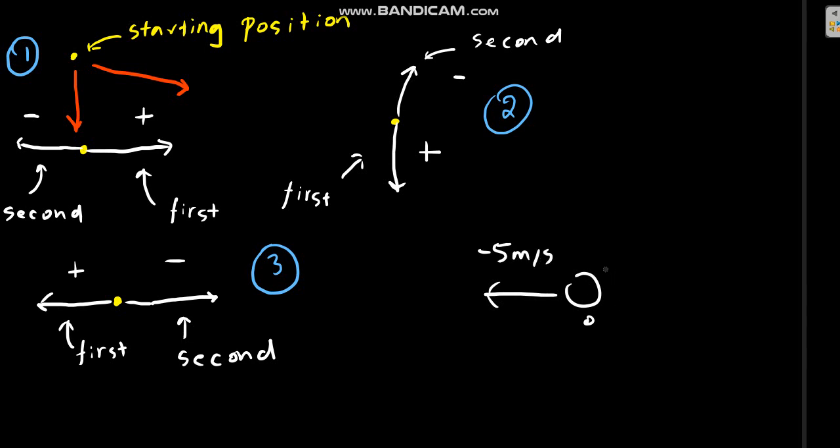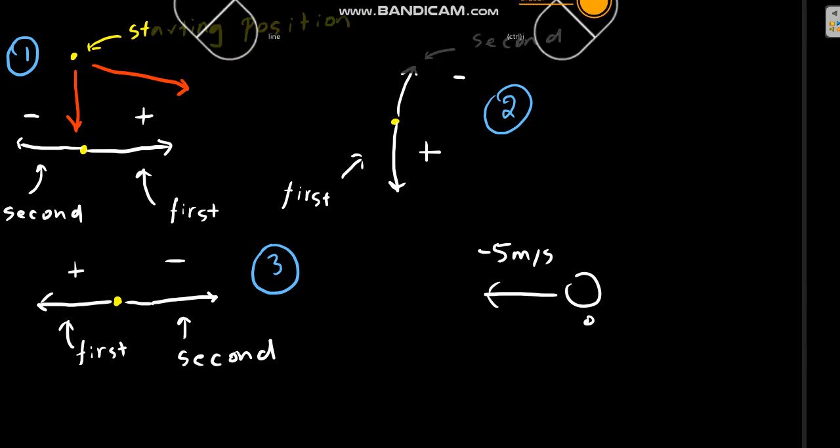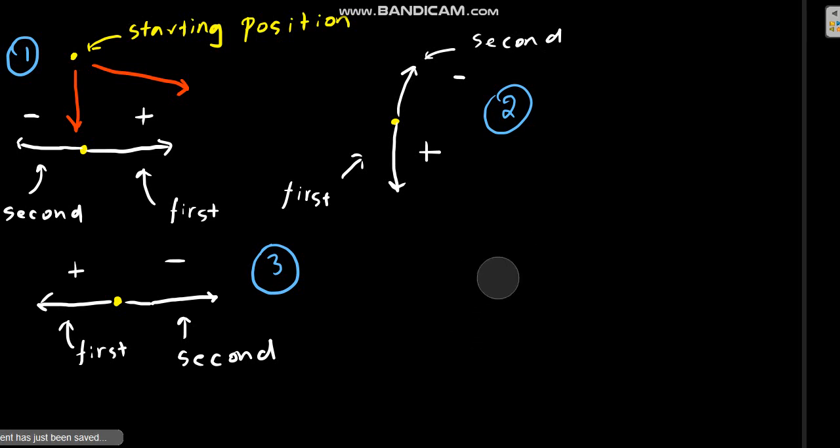But why? The confusing part is which one is positive and which one is negative. The positive direction is the one first traveled from the starting position.